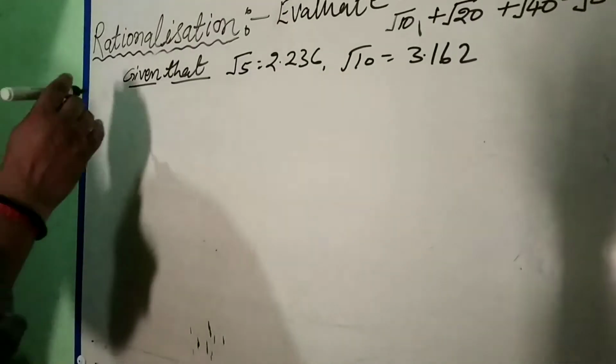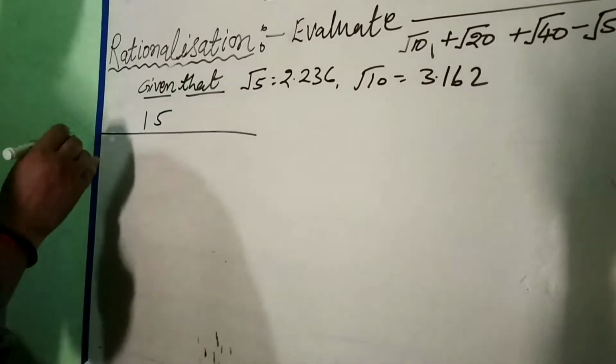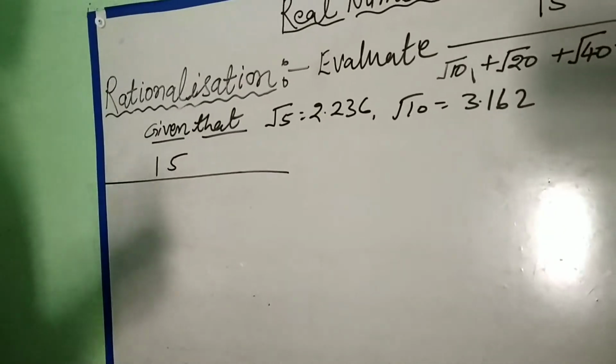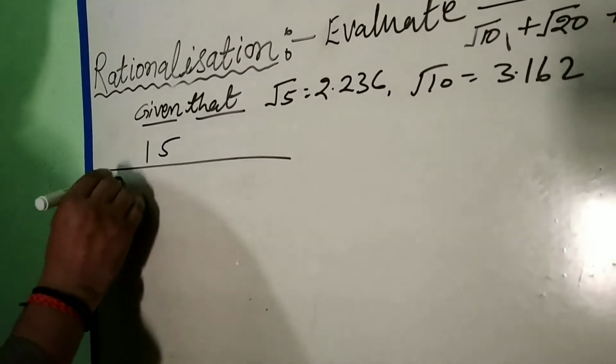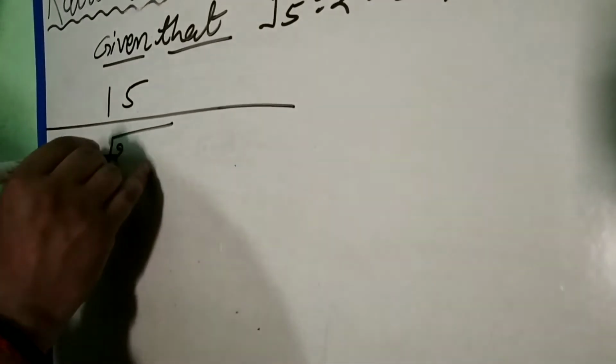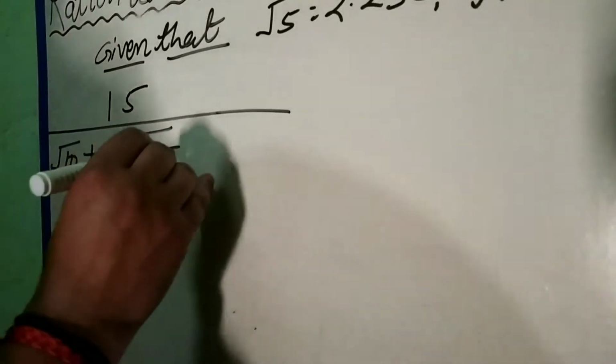See here, root 10 can be written as root 2 into root 5, no common factor is there, so let it be root 10 only. Plus root 20 can be written as 2 2s are 4, 5s are 20.